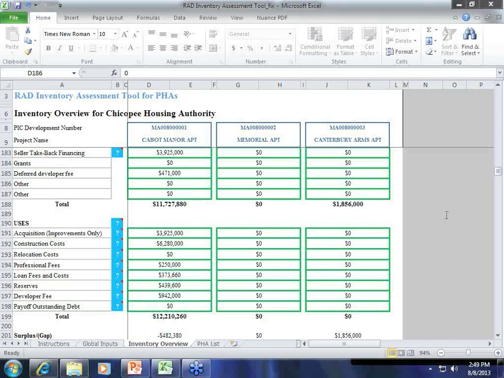Mm-hmm. Okay. But preservation has been, sorry. Yeah, go ahead. Well, preservation has been pretty important in a number of the Federal Home Loan Bank regions, and the only point I'm trying to make is, don't think that just because you are now public housing that you wouldn't qualify for preservation points. The whole point of RAD is to support preservation of these assets that serve very low-income families.